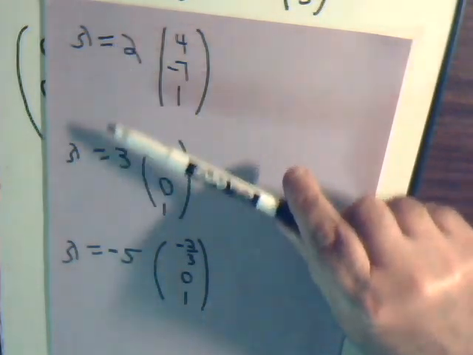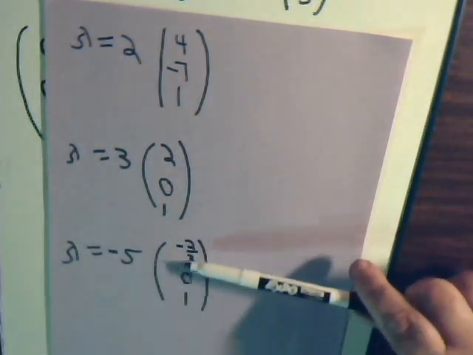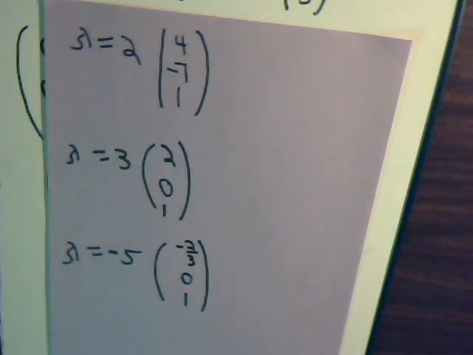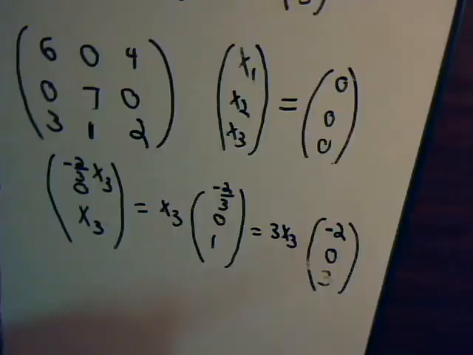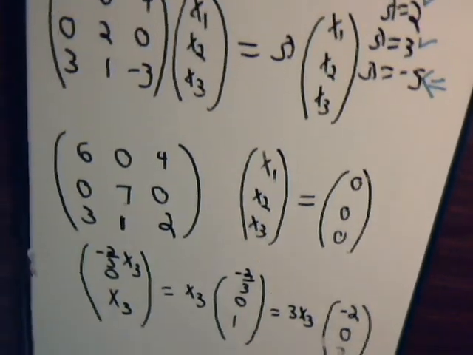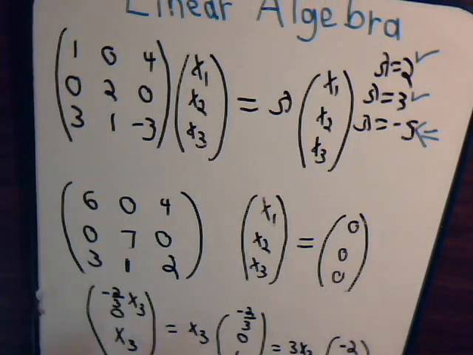3 different eigenvalues with corresponding eigenvectors. And that was for this matrix right here. So as you can see, it takes a while to do the number crunching.